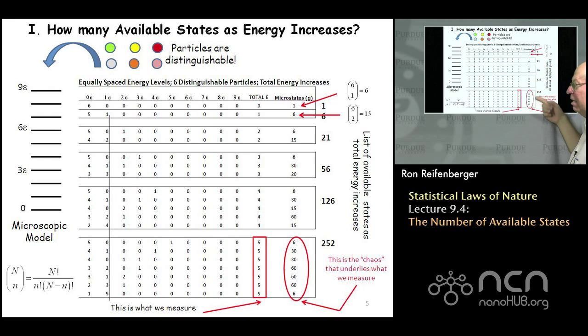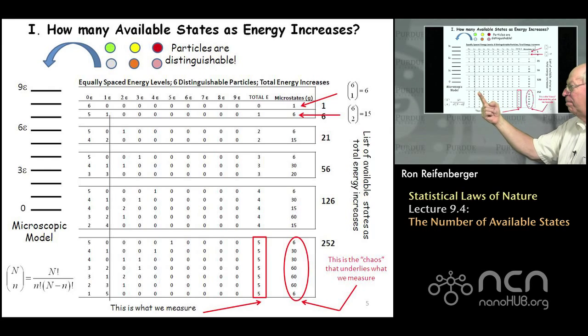So I work out the first few cases. As you can see, this case here is for a total energy in the system of 5 epsilon. When I look at the number of ways I can achieve a total energy of 5 epsilon with 6 particles, there are a number of different states that I can write down. Those states are listed here.